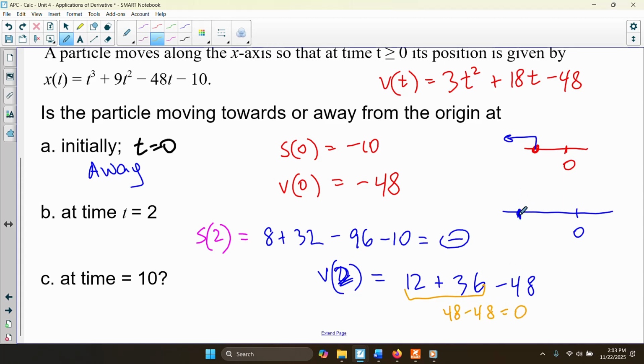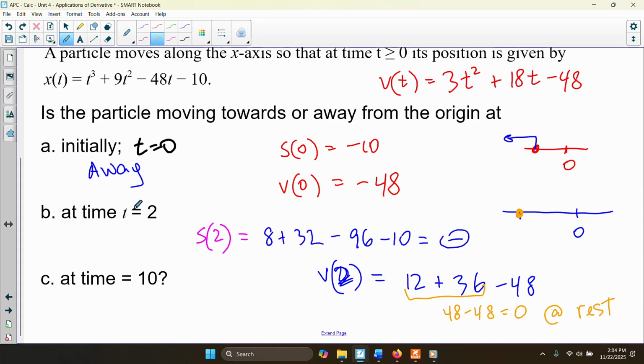What does that mean? You're over here, but what are you doing at that moment? Well, the velocity is 0. You're at rest. So technically speaking, what's the answer? Neither, right? At that moment, you're neither moving toward nor moving away from the origin. So this is kind of like a trick question. I don't know if AP does that.